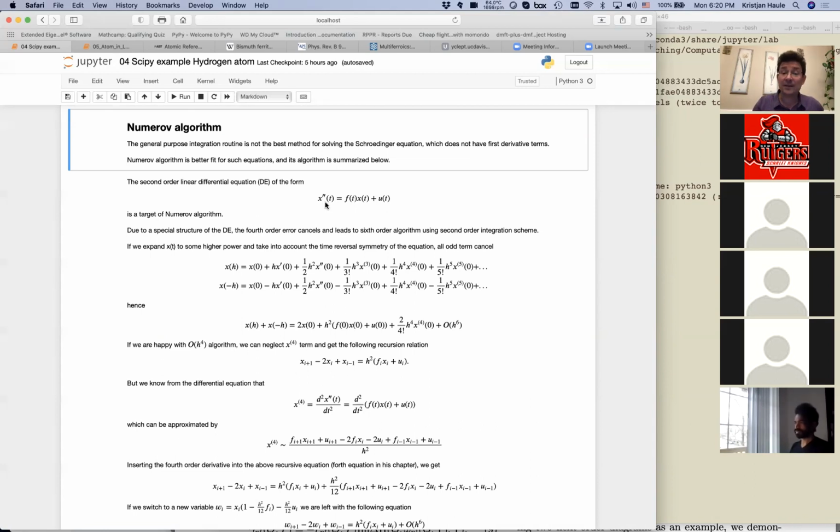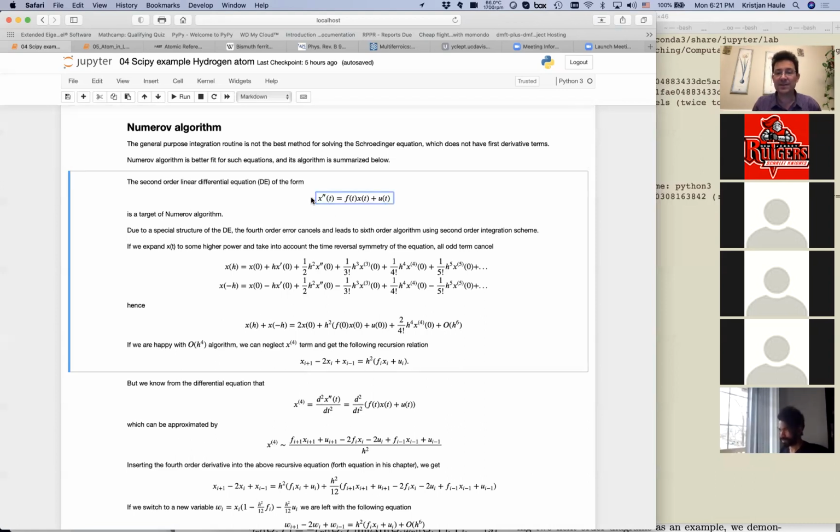But when the second order derivative is given in terms of the function itself, x of t, and an arbitrary extra function f of t and an arbitrary extra function u of t. So f of t and u of t are known functions, while x of t is the dependent function. So if the differential equation has this form, then we can use a simpler and very efficient algorithm, which is called the Numerov algorithm.